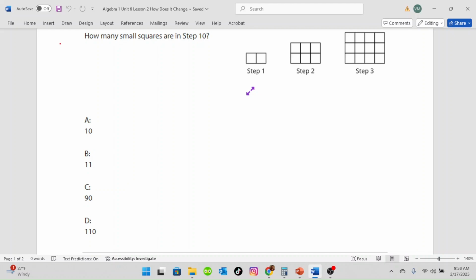The first thing I would encourage you to look for are squares. How can I arrange things into squares? In addition to looking for squares, look for squares that relate to the step numbers.